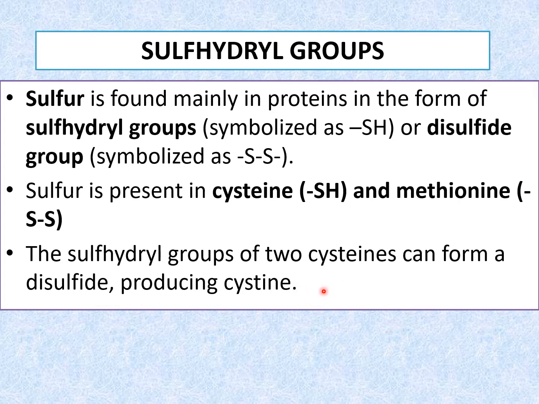So basically, when two cysteines are reacted together, they can form one new amino acid, which is your cystine. And take note that the difference between cysteine and cystine is that cysteine has a sulfhydryl group in its side chain, whereas cystine has a disulfide group in its side chain. So later in the next slide, we'll be able to see the difference between cysteine and cystine.